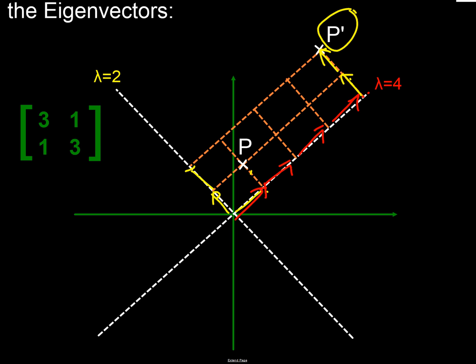So can you see that what we're looking at here is a way of doing those transformations relatively quickly if we understand what the eigenvalues are? They give us our scale factors, and the eigenvectors tell us in which directions they're operating.